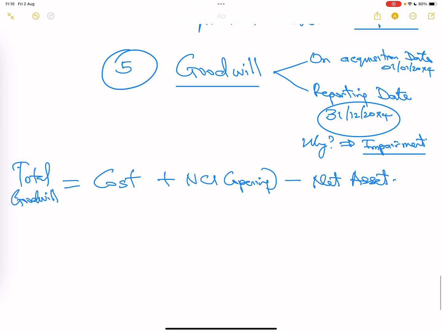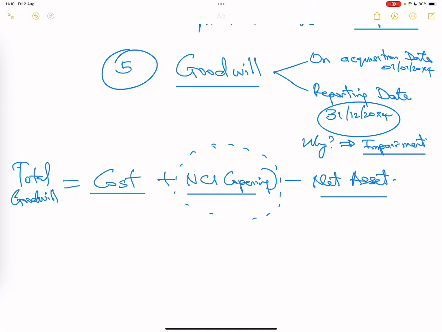So sometimes if the parent has acquired 100%, you see that the NCI part will be 0 because there will not be NCI if it's 100% acquisition. However, most times they will not give you 100% acquisition because they want you to calculate NCI and all of that. So you're going to have the parent cost, the opening NCI, then minus the net asset. That will give you your total goodwill.